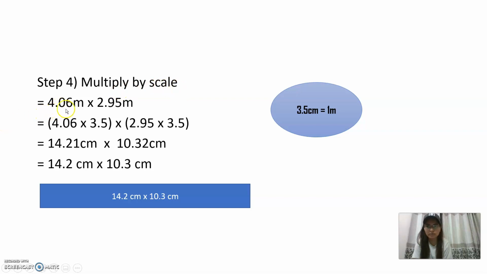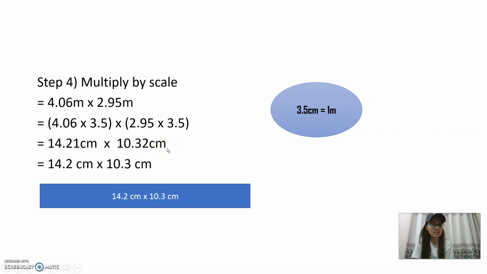In our final step, we'll multiply the given measurements by scale. So 4.06 multiplied by 3.5, we are provided with a scale of 3.5 centimeter is equal to 1 meter. 3.5 centimeter we will be drawing, and 1 meter is the conversion. So we multiply 4.06 into 3.5, which is 14.21 centimeter, and similarly 2.95 into 3.5 is equal to 10.32 centimeter.